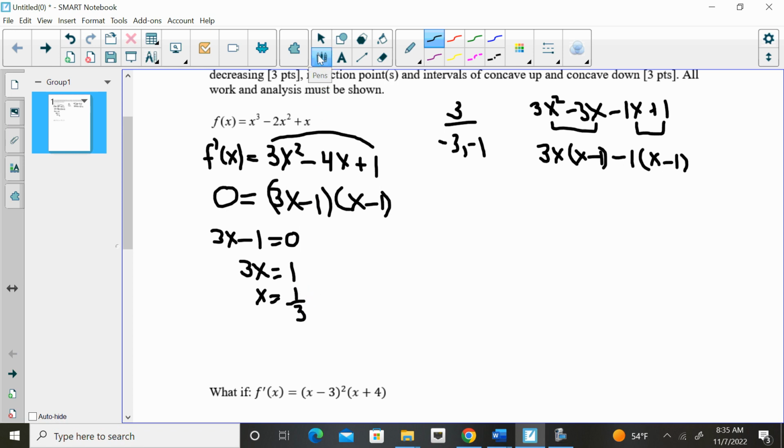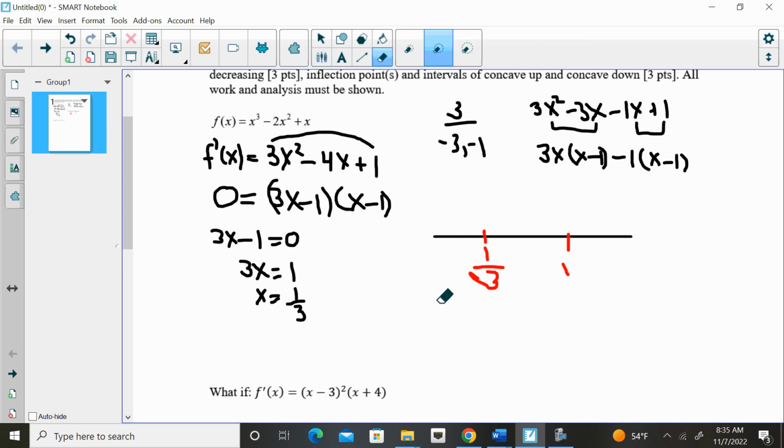Those are the numbers that go on our number line. So I'm going to put 1/3 and 1. Well, that's 1/3. So then we know that we have to find something in between 1/3 and 1.